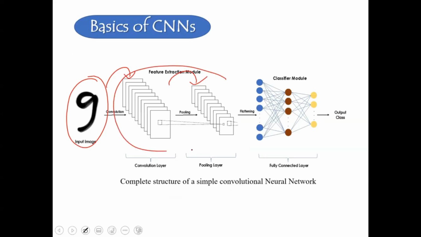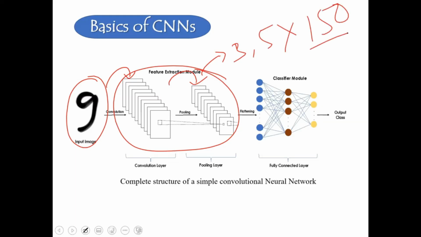And these two, convolution and pooling, we can apply many times. Suppose we can apply 3 times, we can apply 5 times, even we can apply 150 times.